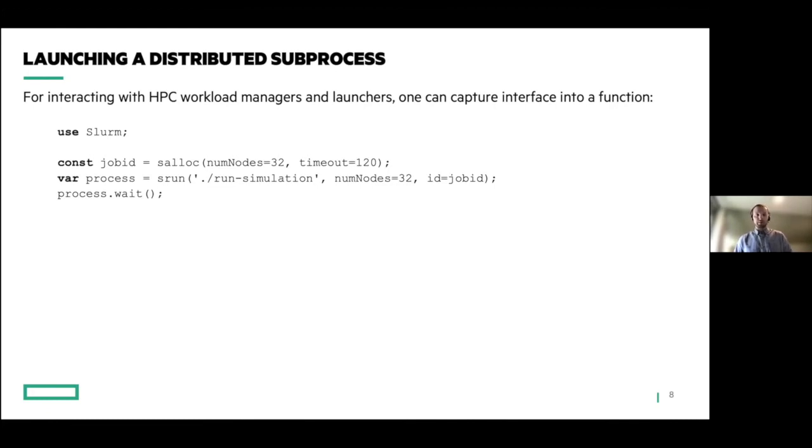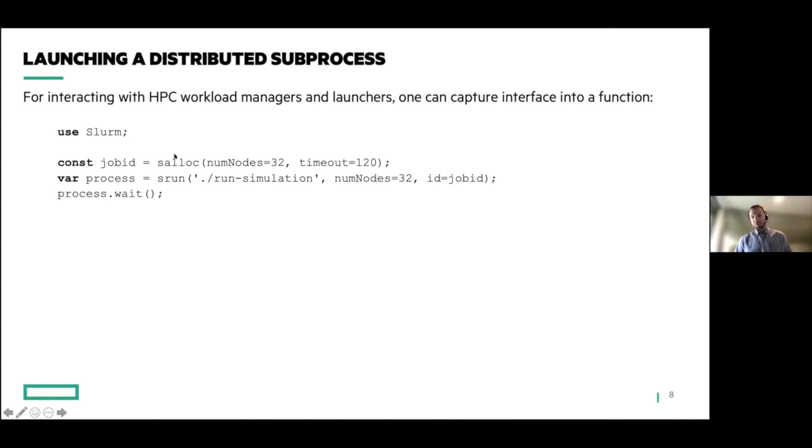But what you might do is build up a nice interface to these workload managers, as we did in Cray HPO. So here we have an example showing our Slurm module that we built, which has a nice interface to Slurm. So you can do an salloc, pass in a number of nodes, and a timeout in units of minutes. You get a job ID from that.